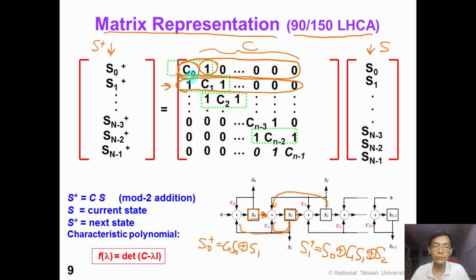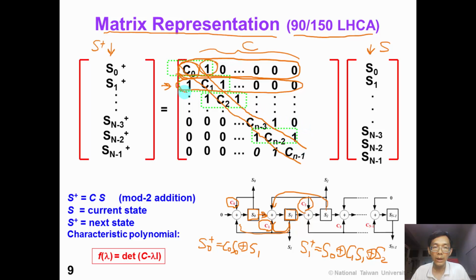So we can observe that on the diagonal line of this matrix, we have the coefficients Ci, and on top of the diagonal line, we have another diagonal line of 1.